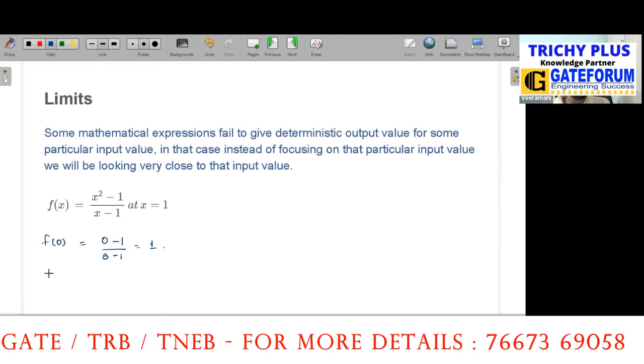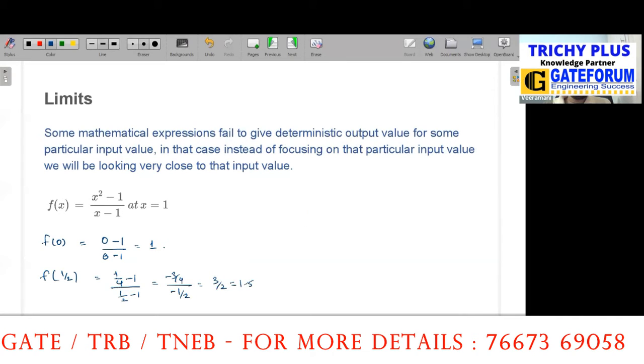When you put x equal to, for example, 1 by 2, you'll be getting (1 by 4 minus 1) divided by (1 by 2 minus 1), which is minus 3 by 4 divided by minus 1 by 2, which is 3 by 2, which is 1.5, right?